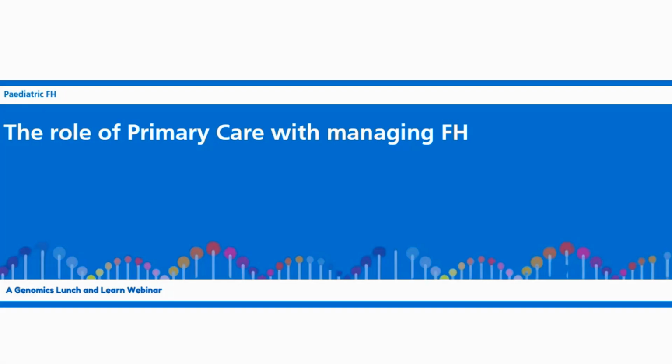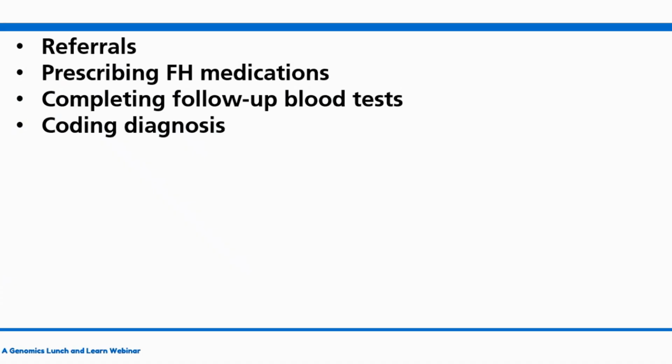And then finally, the role of primary care with managing FH. The following criteria would apply to professionals within primary care, please. As we've mentioned, the starting point would be to refer children and adults to the relevant teams for investigation, diagnosis and management.